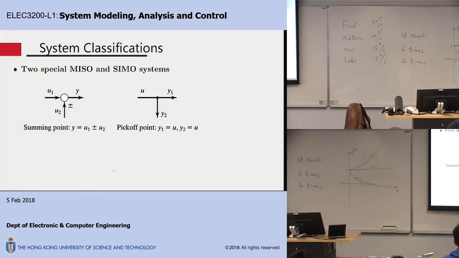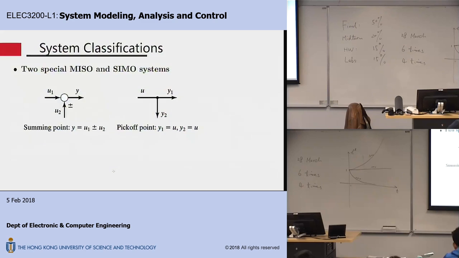Okay. We also need to look at two very simple systems, again some very trivial systems. This system has two inputs, one output, so it's actually MISO.